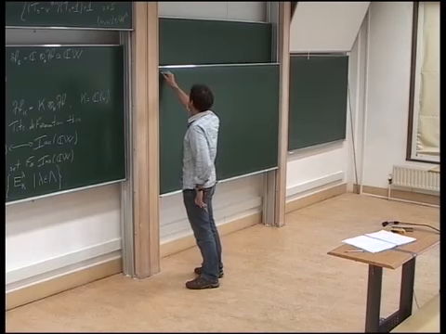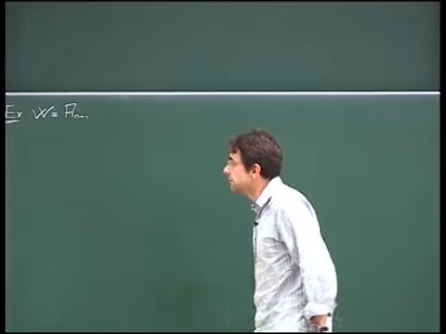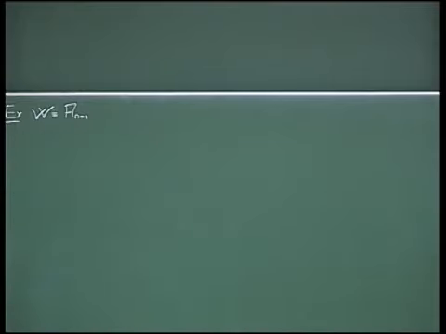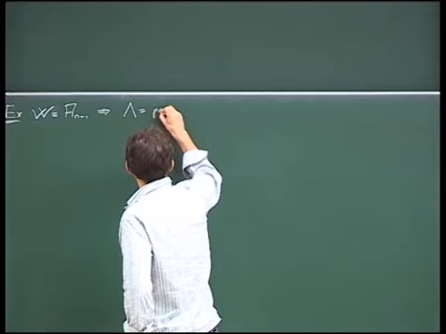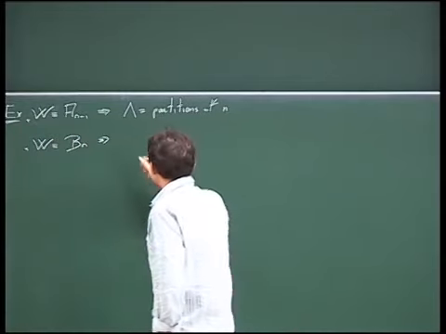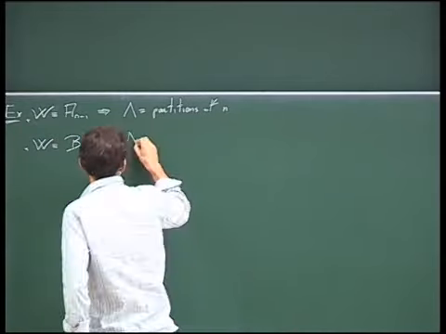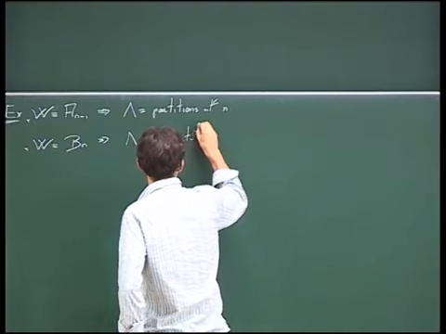So for example, if W is the Lie group of type A, then this is the symmetric group, and we know that the simple modules are indexed by the partitions of n, so this implies that we can take Lambda to be the partitions of n. If W is type B, then Lambda can be the set of couples of partitions of n, so we say that this is bipartitions of n.